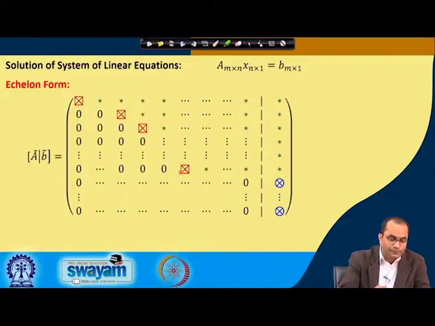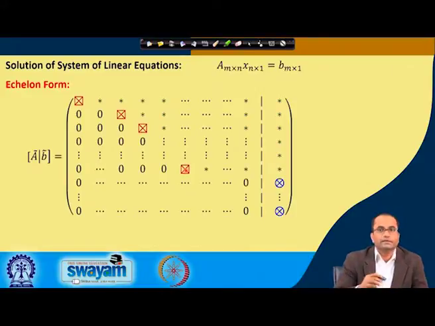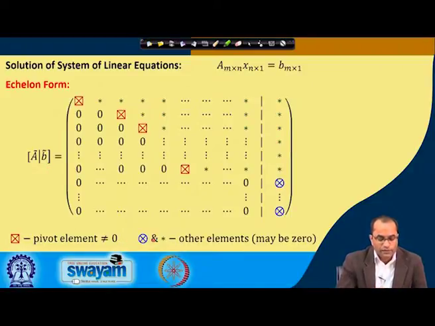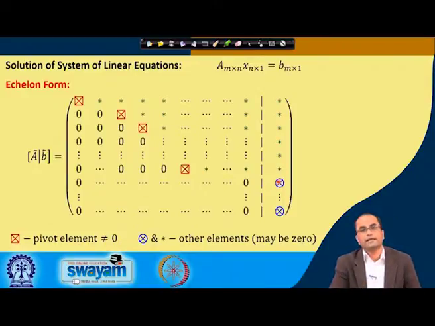Here we have these pivot elements which are always non-zero elements, and with this star symbol, these are the other elements; they may be 0 and they may not be 0.